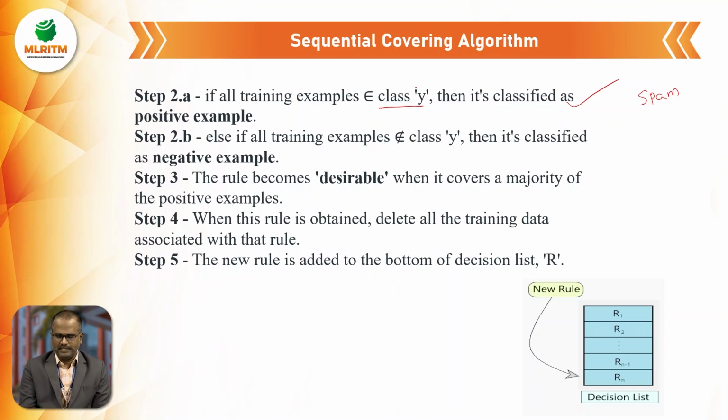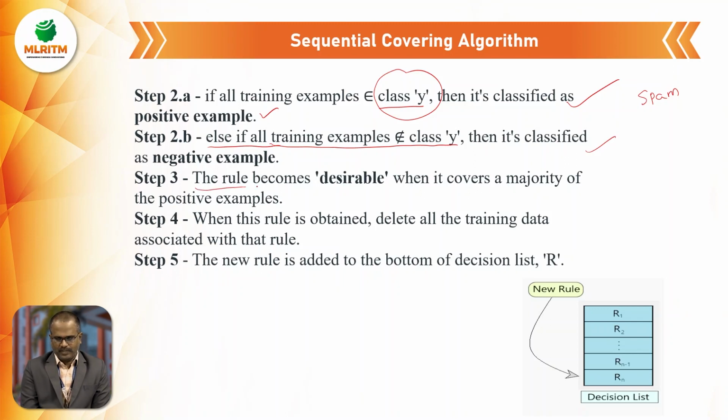In that case, the result is class y, that is a positive example. Step 2b. Else, if all training examples do not belong to the class y, then there is no need of classifying again. All the examples are negative, so these are called negative examples.